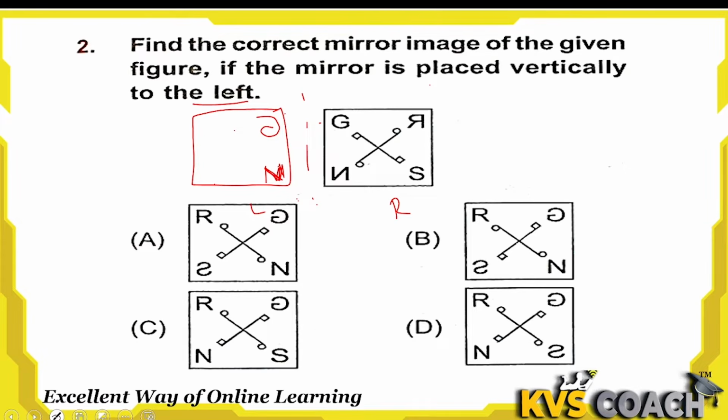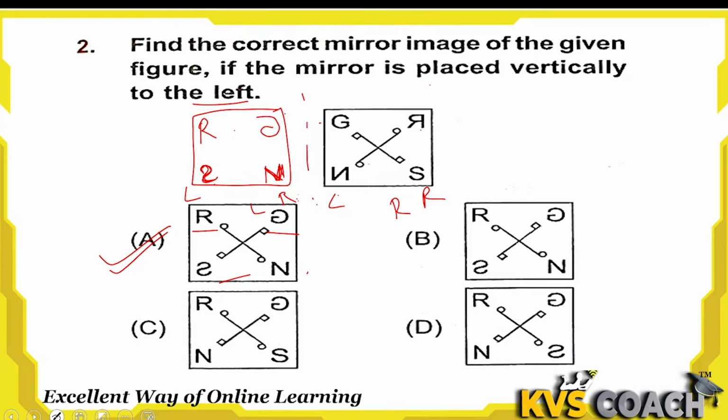Okay, because this is the left side of this, and this is the right side here. So here S will be like this, and here R is like this. So the mirror image will be like this, R G. This is the right answer here. A is the right answer.